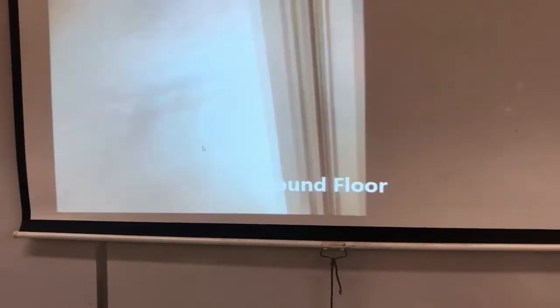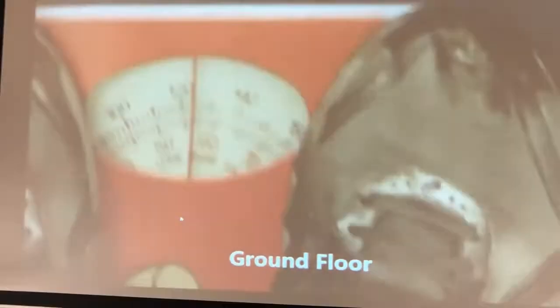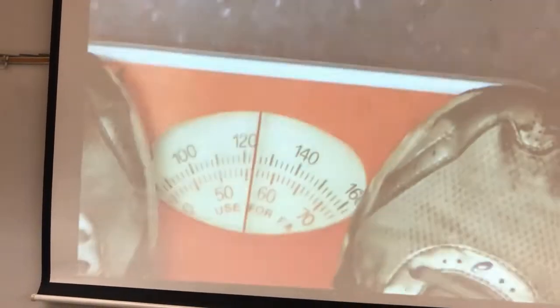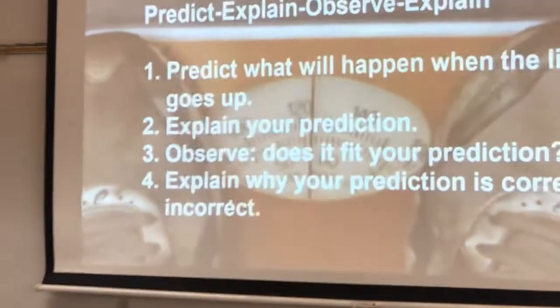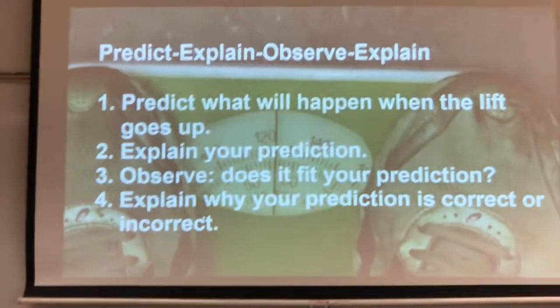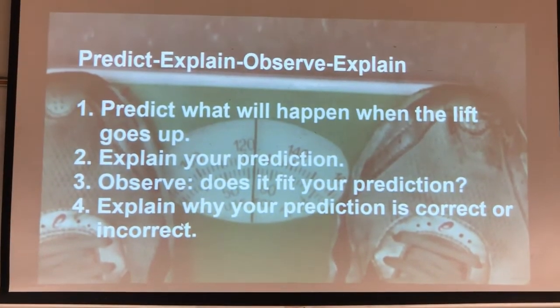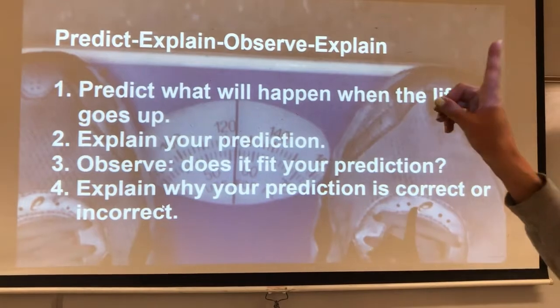Here's a kid in an elevator. Ground floor. How much does he weigh? Looks like 124. All right, so right now it's at 124. And what do you think is going to happen to the number on the scale when the elevator goes up?